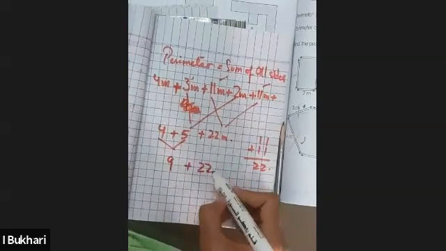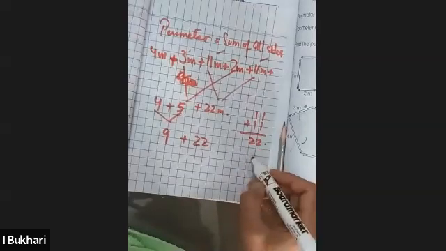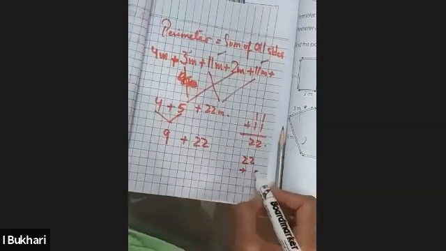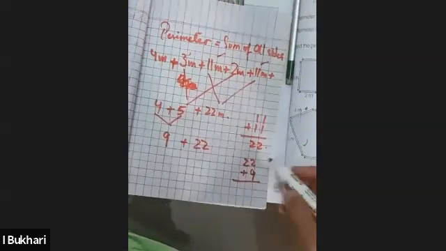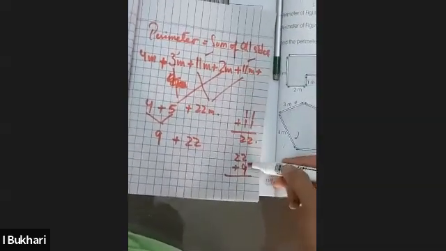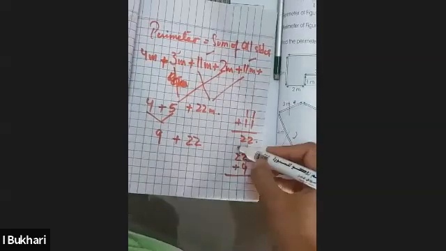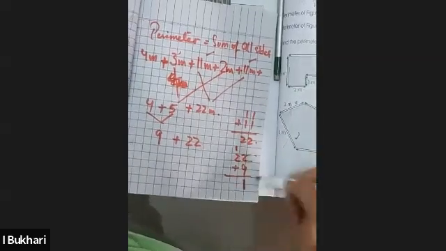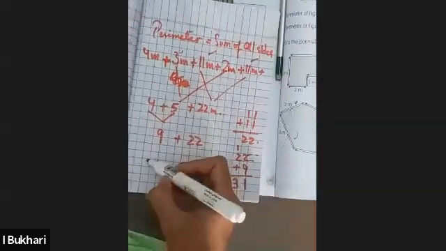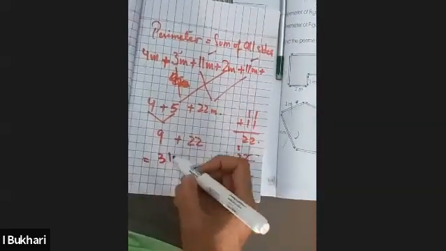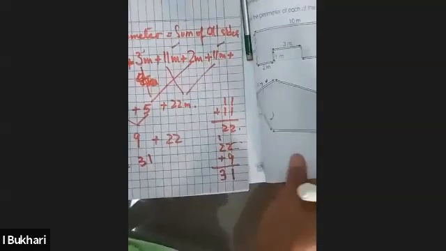Plus 22, right? So now let's add 22 and 9. Add with me, 9, 10, 11. Carry 1 here. 2 plus 1, 3. So I got 31. What should be my unit?